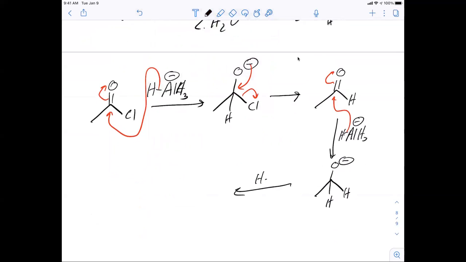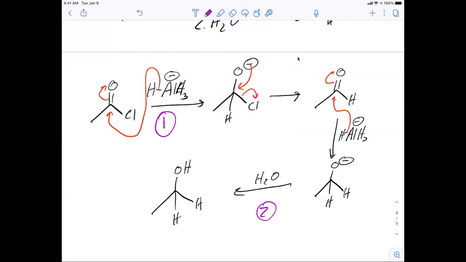And then second step, we add our proton source through water to get to a final product. So if we look at it, this was number one, this is two. Okay. Questions about this one?